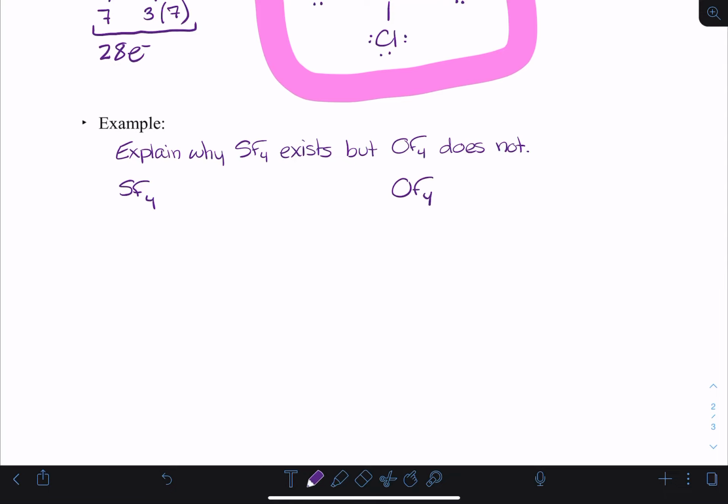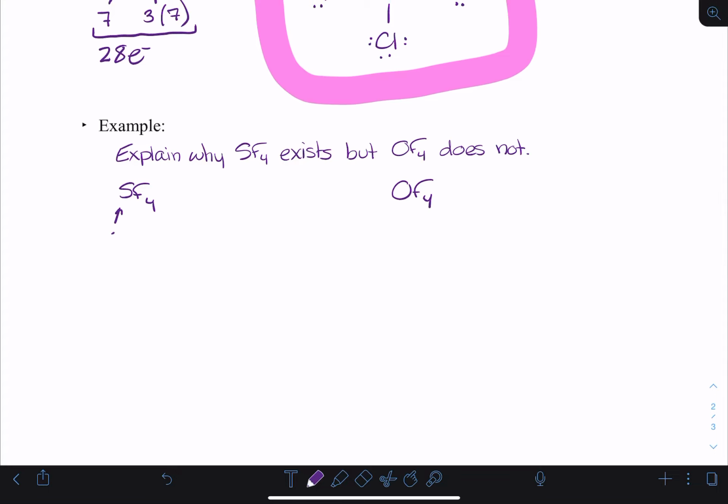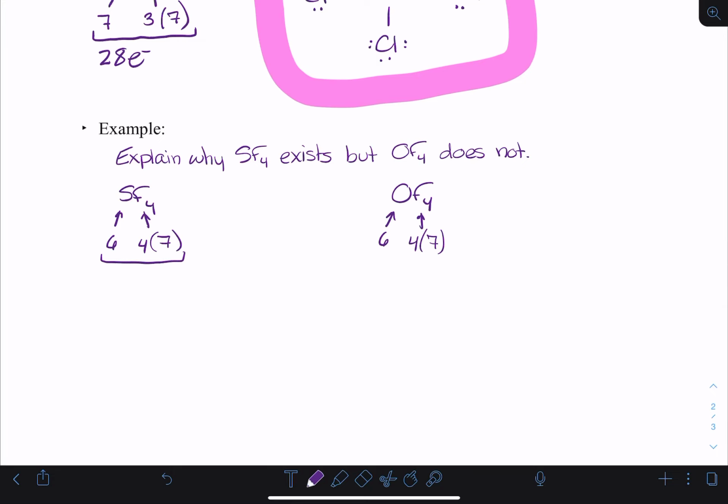So they're going to be very much analogous since they're very similar compounds. Sulfur is in group 6, oxygen is also in group 6, fluorine is in group 7, and we've got 4 of them, and same over here. So 7 times 4 is 28, plus 6 is 34.